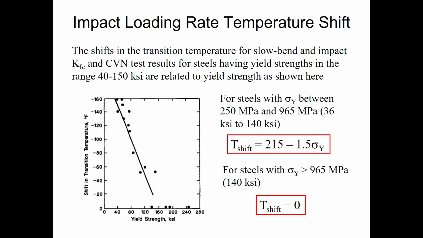If, let's say, you want to know at what point the steel exceeds sigma y equal to more than 965 megapascal, T shift will be 0 at this point, where you get the value of sigma y here. You just need to substitute everything and then you can get the value for sigma y.